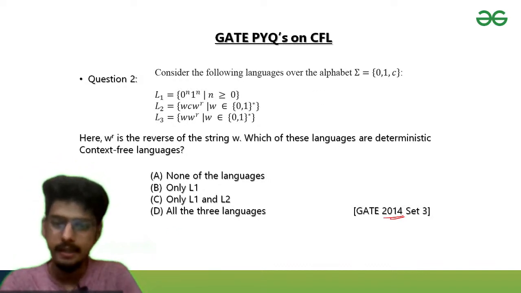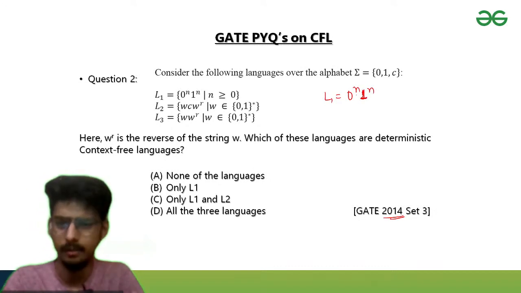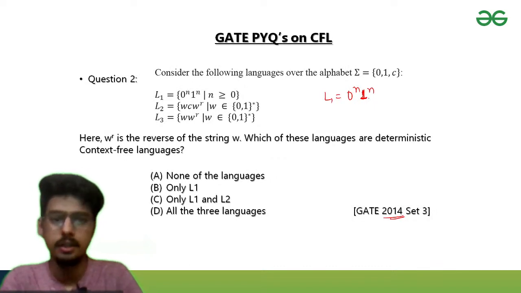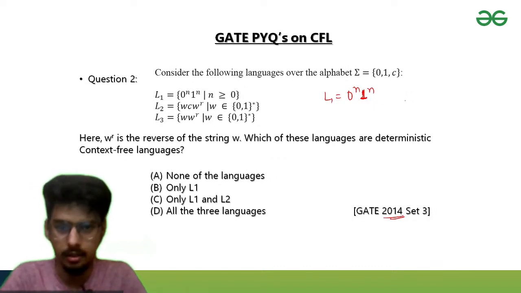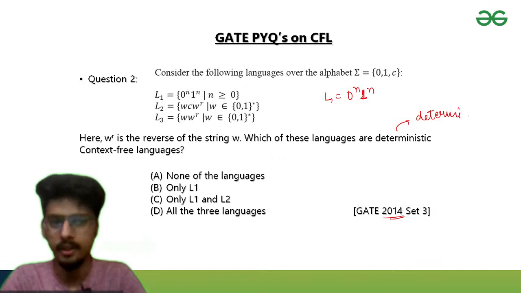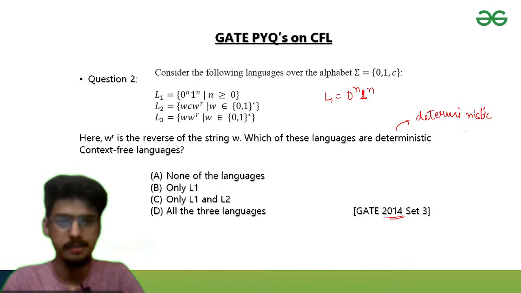So L1 is equal to 0^n 1^n, and this is a very popular example of a context free language, and it is going to be deterministic as well. Why? Because deterministic context free languages are accepted by deterministic PDA, and non-deterministic CFLs will be accepted by non-deterministic PDA.